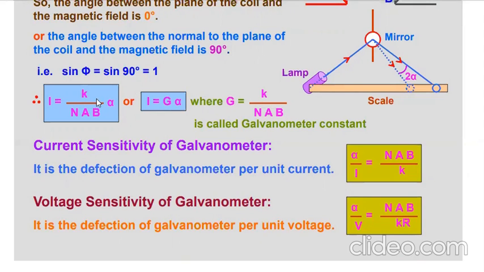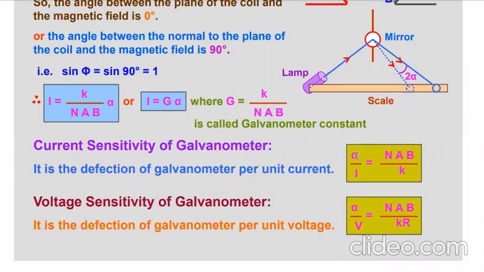Then we will have the situation here, current sensitivity when divided by resistance becomes voltage sensitivity. And voltage sensitivity when multiplied by resistance becomes current sensitivity.